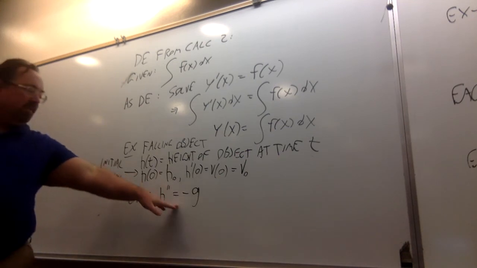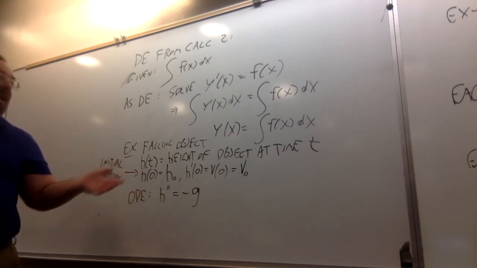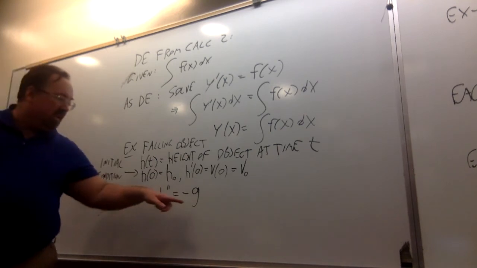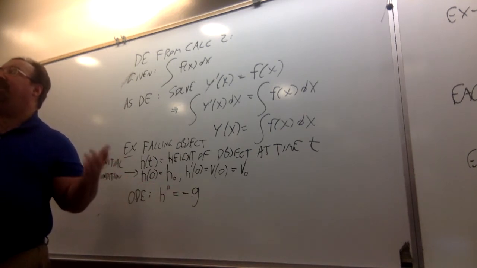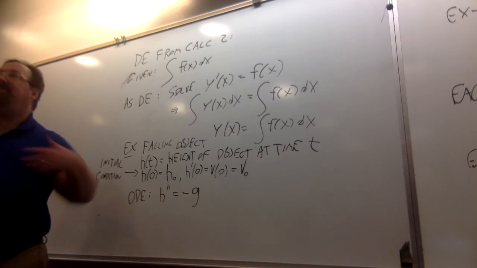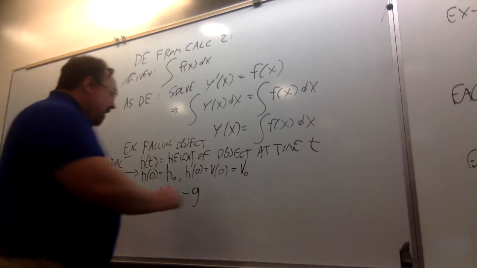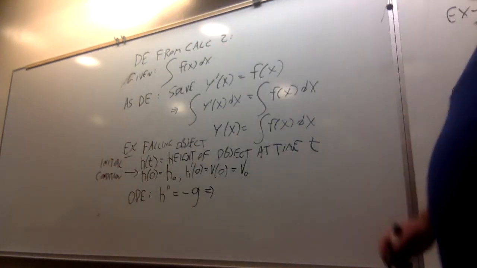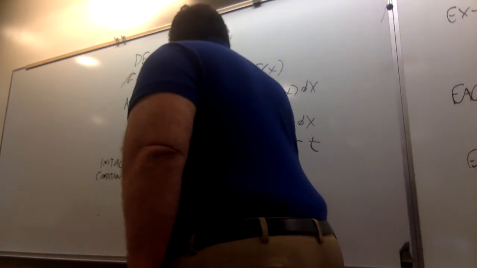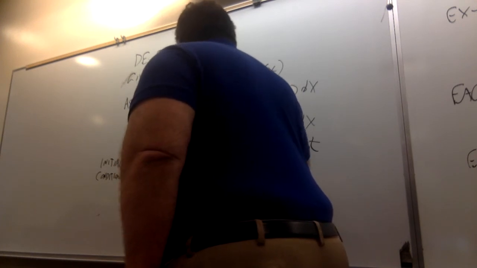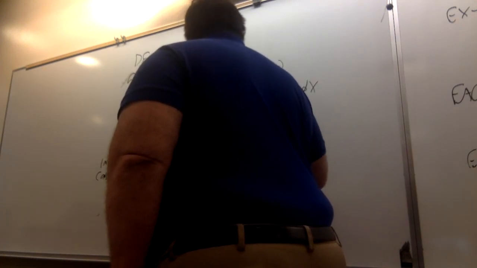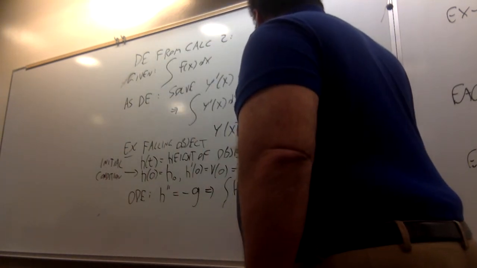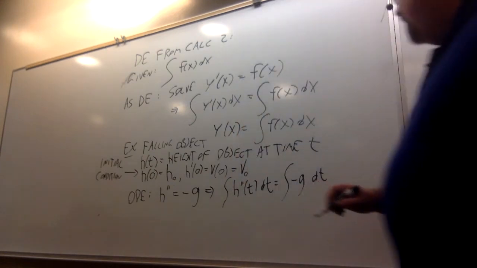So now this is our ODE, and it's similar to this form here where we have only a constant on the right-hand side. So in this case, we just go ahead and integrate both sides with respect to t. So I have the integral of h double prime of t dt is equal to the integral of minus g, that's a constant, dt.